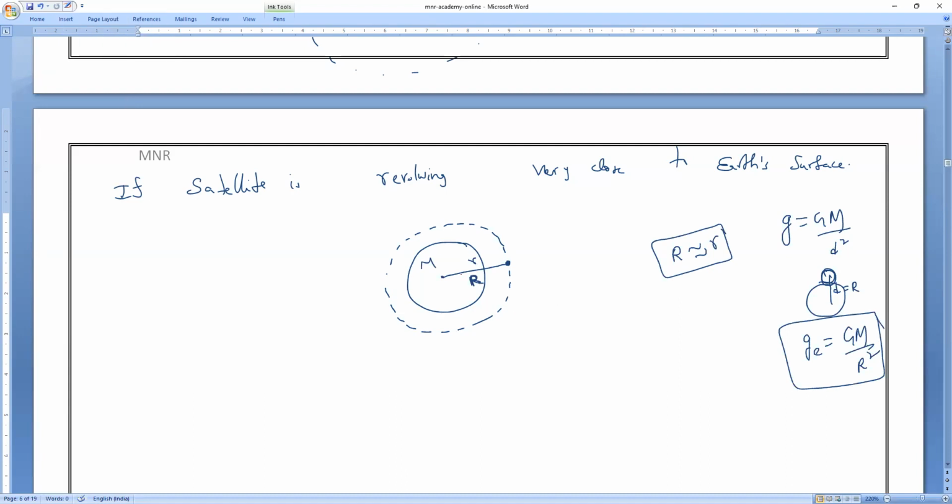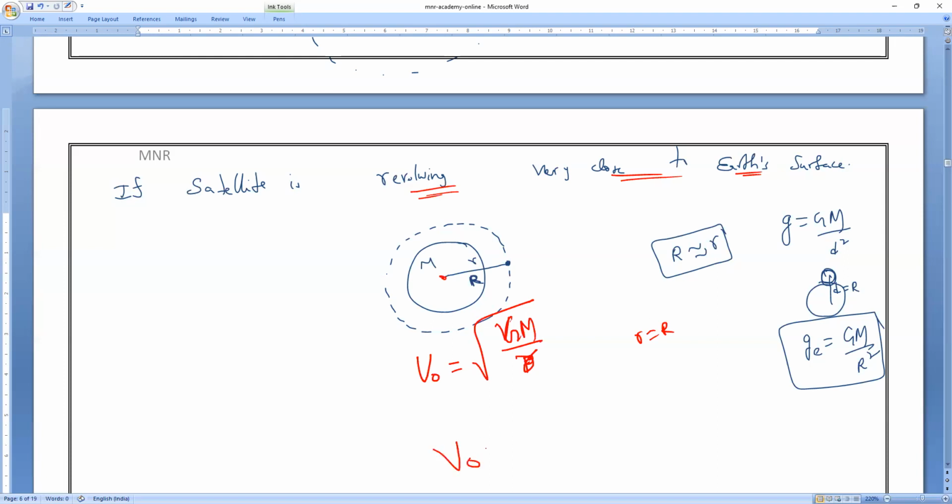So if any satellite is revolving very close to the surface of the earth, then the orbital velocity is V equals root over GM divided by R. What is the formula? We got it, everybody. Small r will equal what?